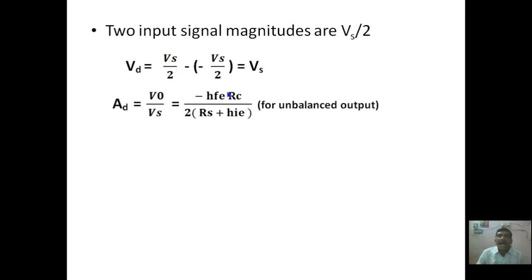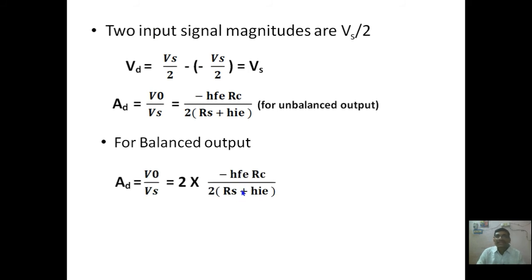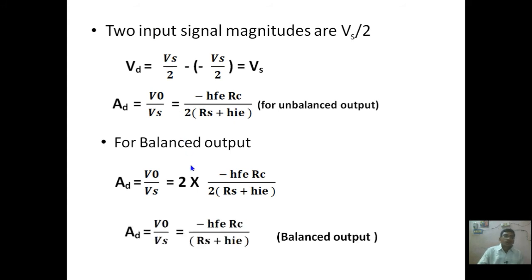For the unbalanced mode of operation, what we have calculated is AD equal to V0 divided by Vs, which is equal to minus HFE RC by 2 into RS plus HIE, as calculated in the last slide. For balanced output, Vs is directly present, so Vd is equal to Vs. This equation will get multiplied by 2 for the balanced output condition.